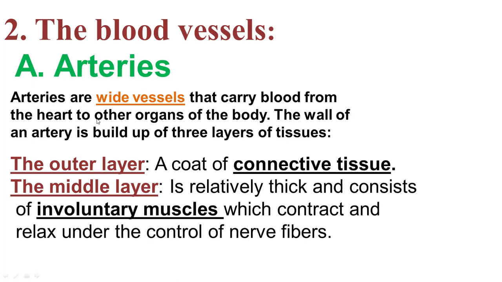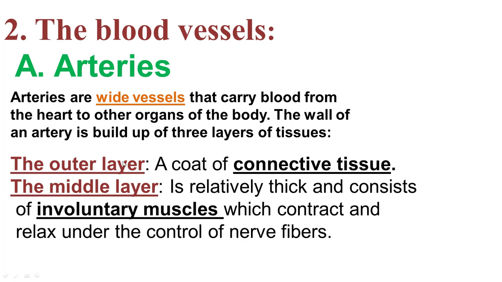So arteries carry blood away from the heart, very important, to all body parts, to the lung, anything. While the other one, the vein, will deliver blood to the heart.